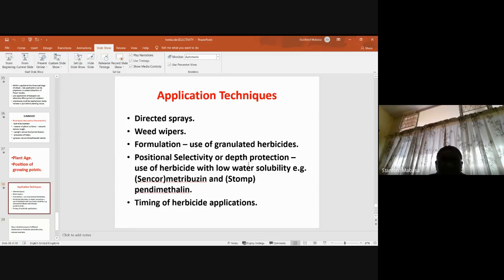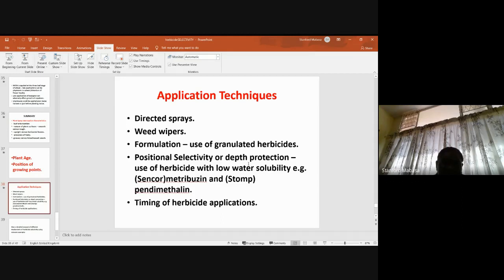Then we talked of the application techniques, use of directed sprays. This is where we actually use the shields to protect our crops from herbicide damage. In the case of glyphosate, you can use what is known as the weed wiper, which is simply a pipe which transfers concentrated glyphosate via a piece of cloth or a rope or a wick, which is brushed against the weeds.